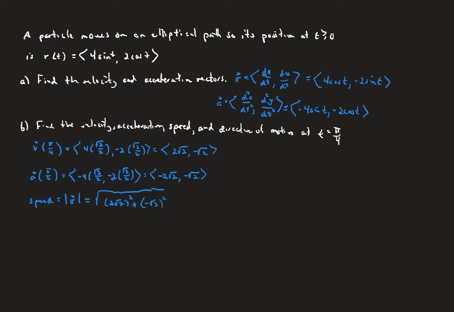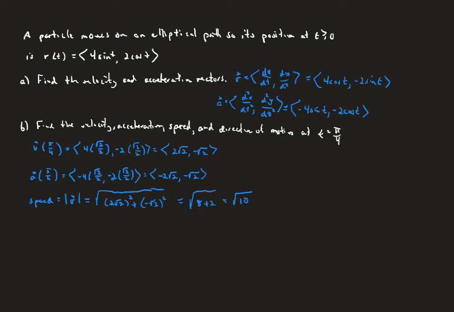So you can see where I'm getting those from. If we work that, 2 square root of 2 squared is 4 times 2, which is 8, and negative square root of 2 squared is 2. And so that is going to give us a speed of the square root of 10. Notice that the speed is a scalar. It's just an ordinary plain number, whereas the velocity is a vector.